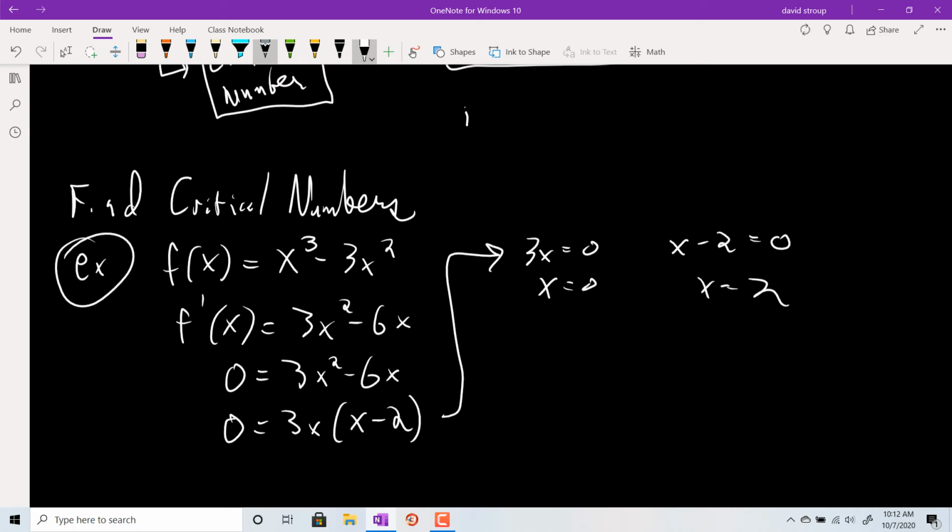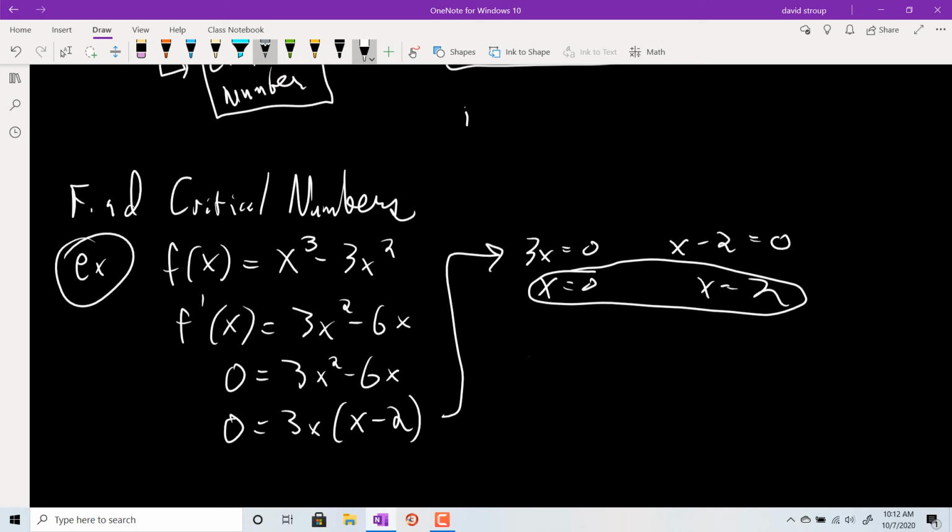And those are your critical numbers, very simply. Literally, you have to check the places where the derivative does not exist, but in this case, that's not an option. The only critical numbers will be where the derivative is equal to 0.